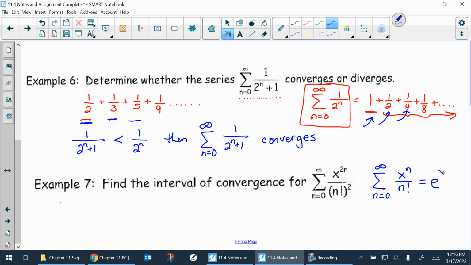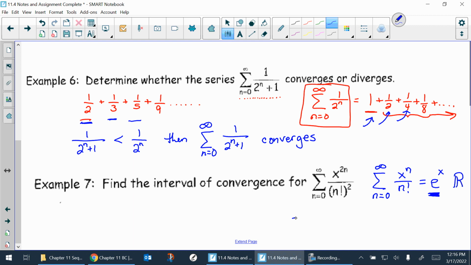And what's the interval of convergence for e to the x? Well, if we look back at section 11.2, the known Maclaurin series, and hopefully we know a lot about e to the x, and we've taken the time to memorize some of those things. That has an interval of convergence that is all real numbers.